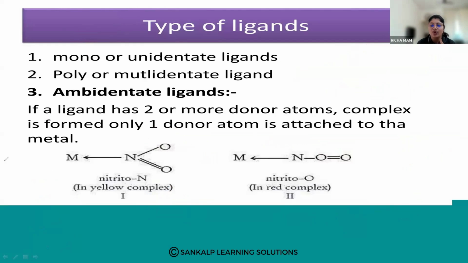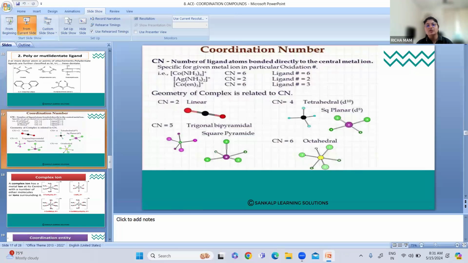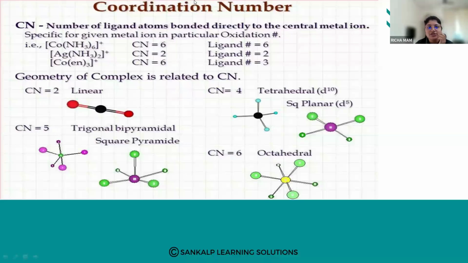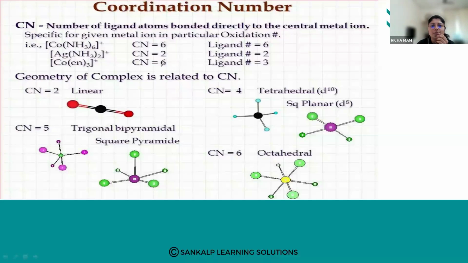So next is the coordination number. The coordination number of the central metal ion in a complex can be defined as the number of ligand atoms which are bonded directly to the central metal ion.